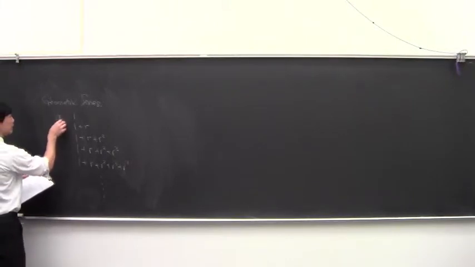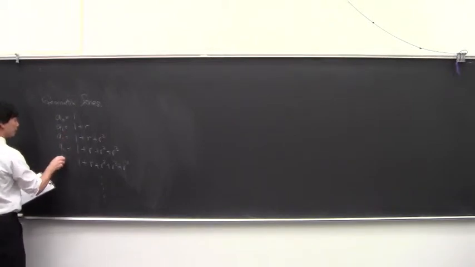So let's say that this is a0, a1, a2, a3. Okay.